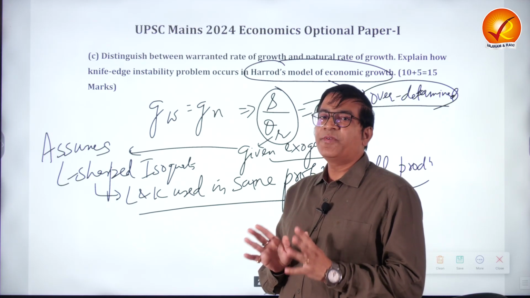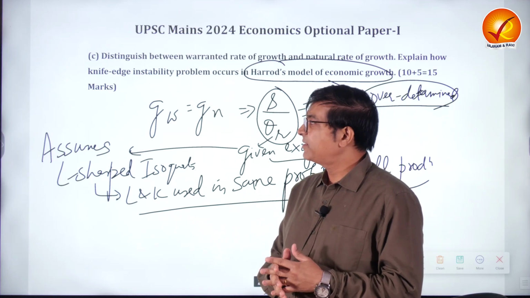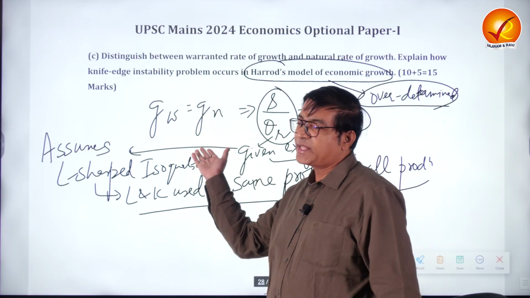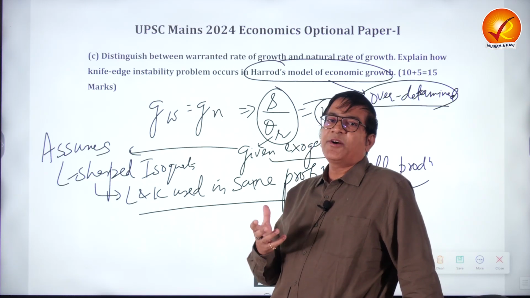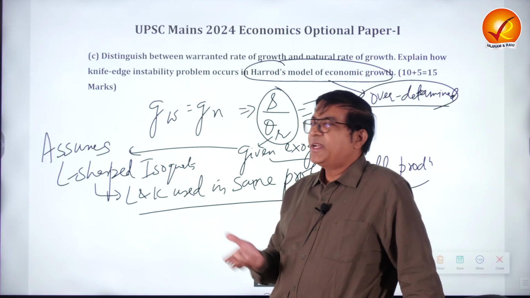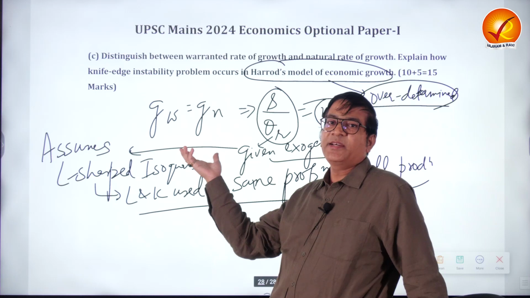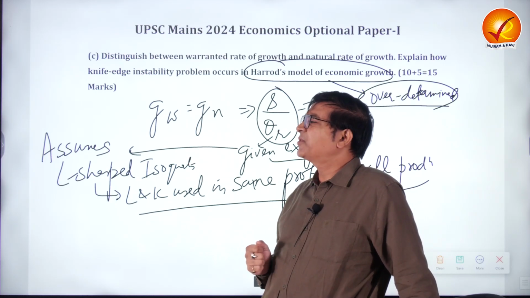I will call it overall a simpler question paper compared to many years, because except a few technical ones, they were very standard, like the last question, or many others were quite simpler. So wherever you had the option of leaving a question, it was not so difficult. Like this question could have been attempted by anyone, I would say. Lewis model, Harrod's model, everyone would have done, I'm sure.